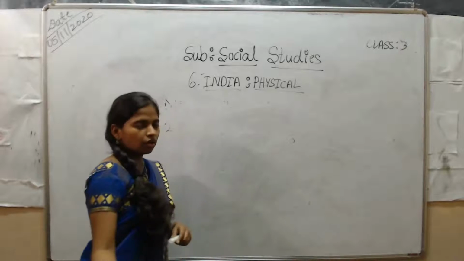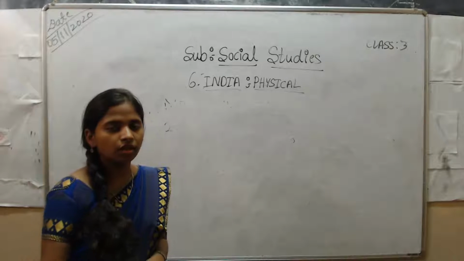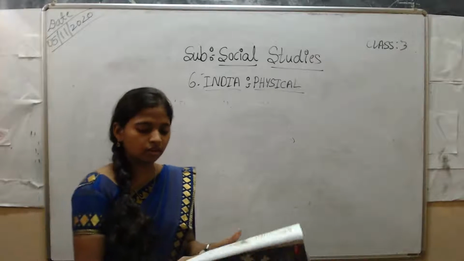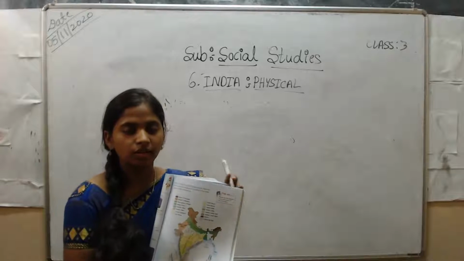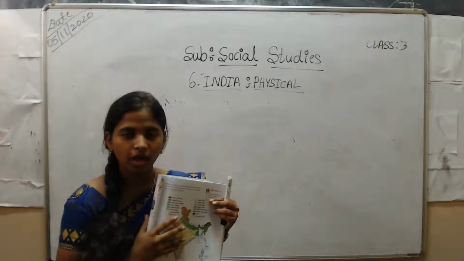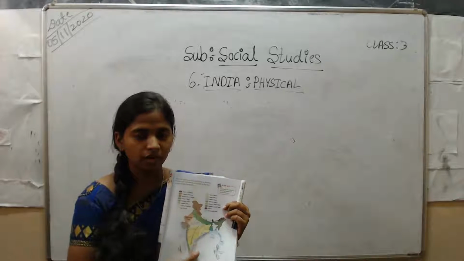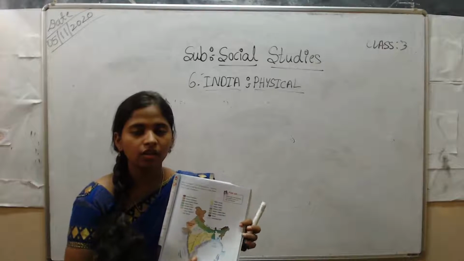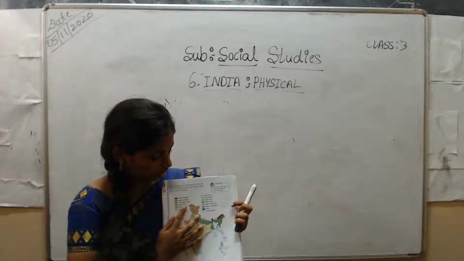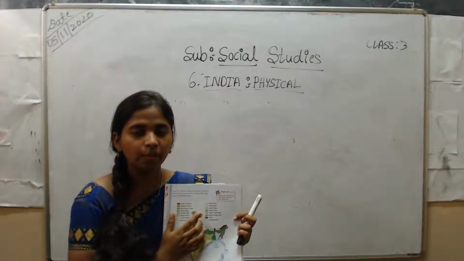Besides these six main divisions, there are many other divisions on page number 37. They have given you one map, no? In that they have given each and every landform present in our country, each with a particular color.